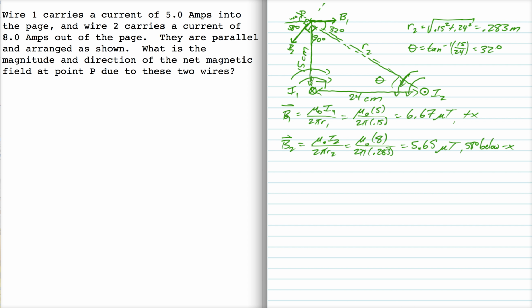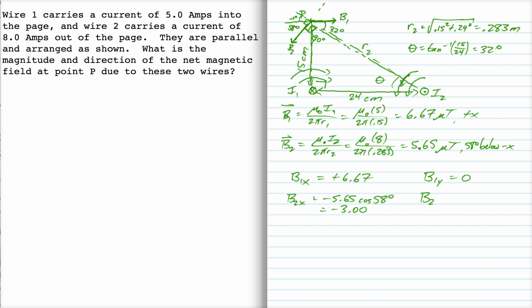Okay, so now I've got magnitude and direction for two vectors. I just got to add them up. And so the way we do that is we break it into components. The x component of B1 is plus 6.67. The y component of B1 is 0. The x component of B2 is minus 5.65 cosine 58, which is minus 3.